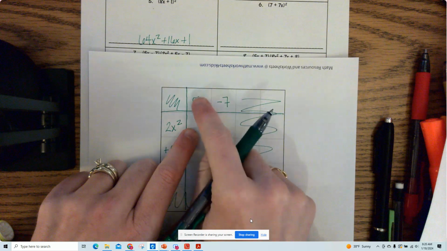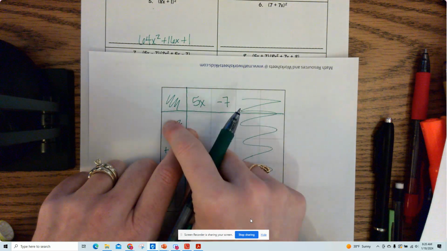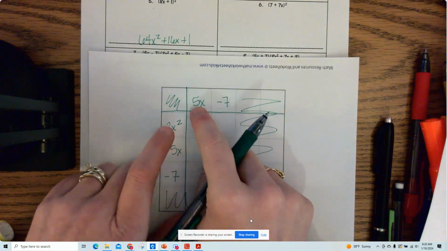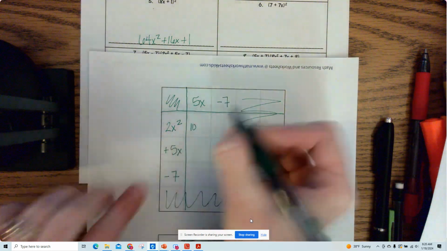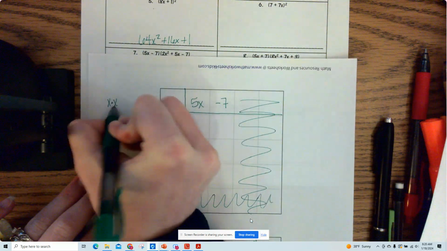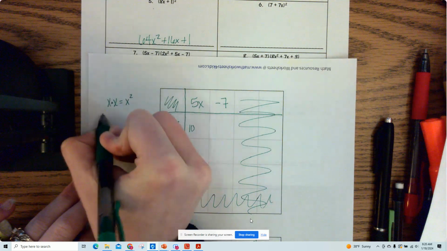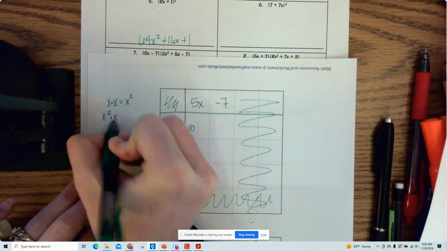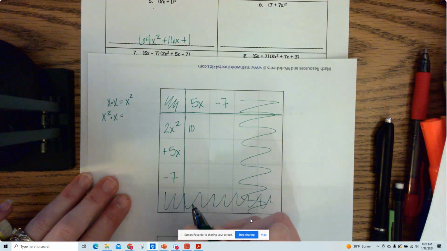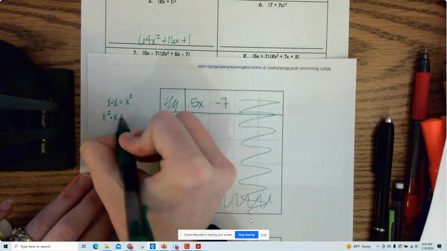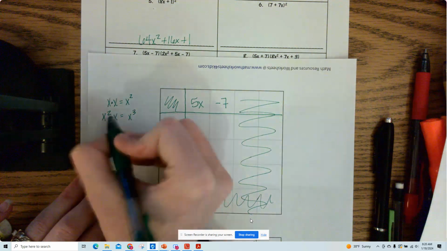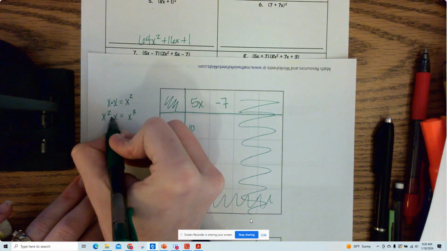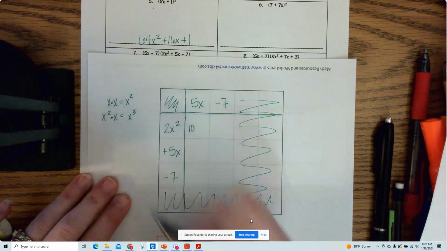Okay. What's above it? What's left of it? So again, do the numbers first. 2 times 5 is 10. All right, so if x times x equaled x squared, what's x squared times x going to equal? X cubed. Okay. So when you're multiplying, it's that exponent that changes.